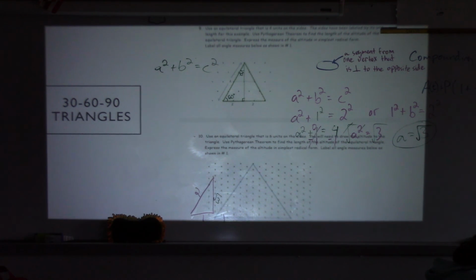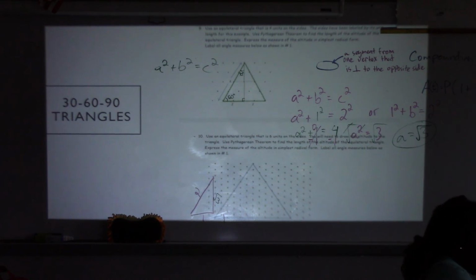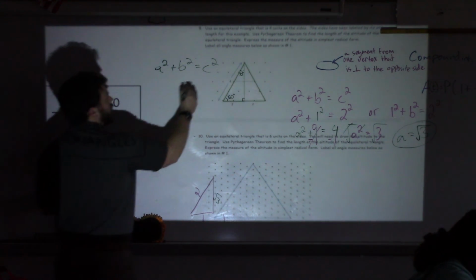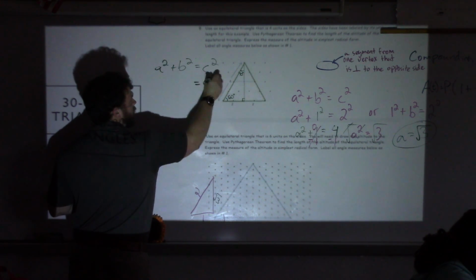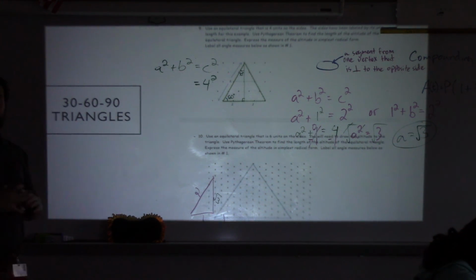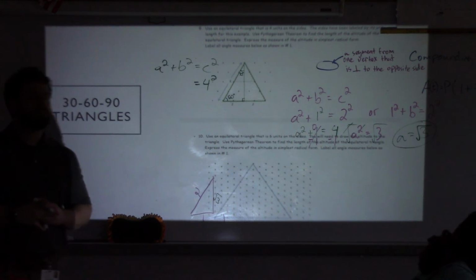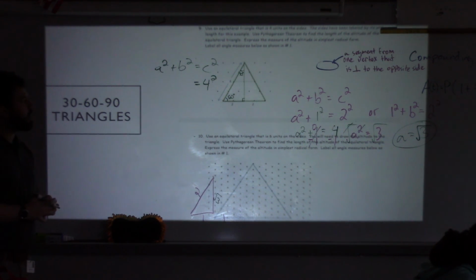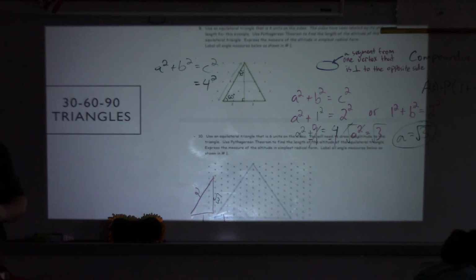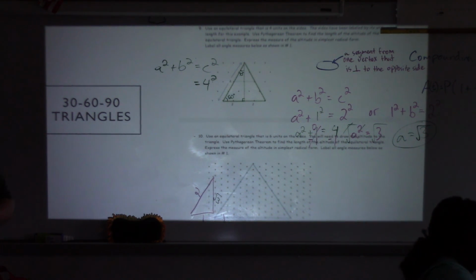Claire, can you give us one of the sides to substitute into that triangle? C is going to be 4. Why is C 4? Okay, C is my hypotenuse, so 4 is going to get substituted in for C. Cool. Ren, do you know what another value is I can plug into that equation? Say again. 3?